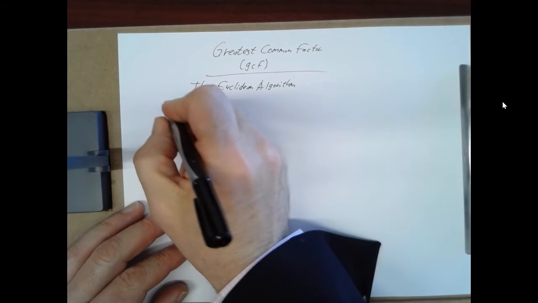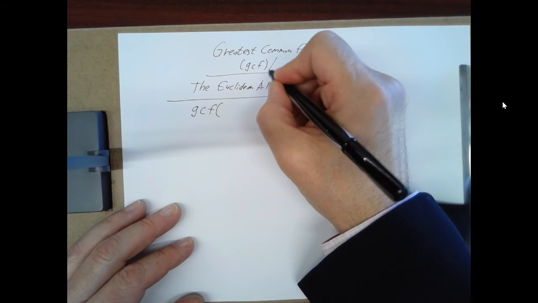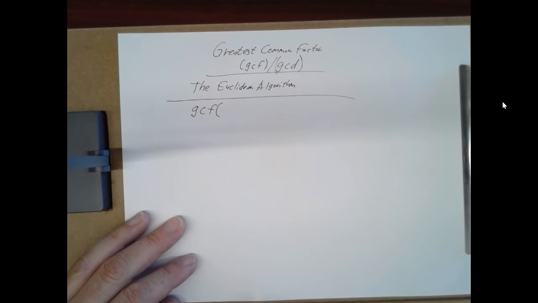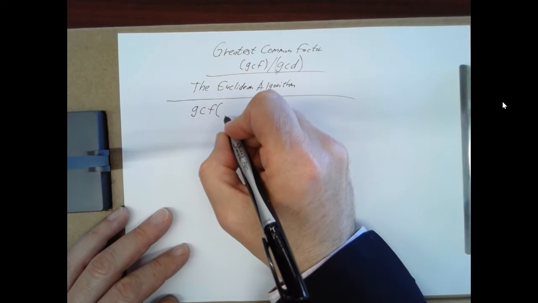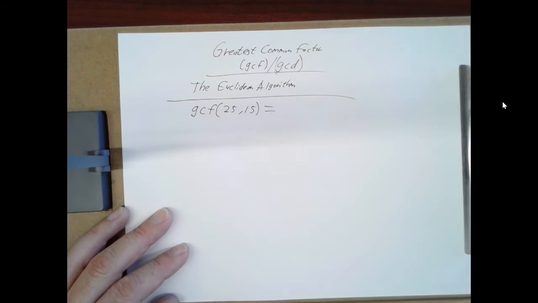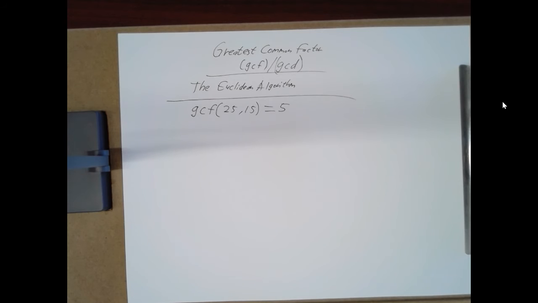So, for example, this is sometimes called greatest common divisor, GCD. So the greatest common factor of 25 and 15 is 5. 5 divides both of those numbers, and there's nothing bigger than 5 that divides both.